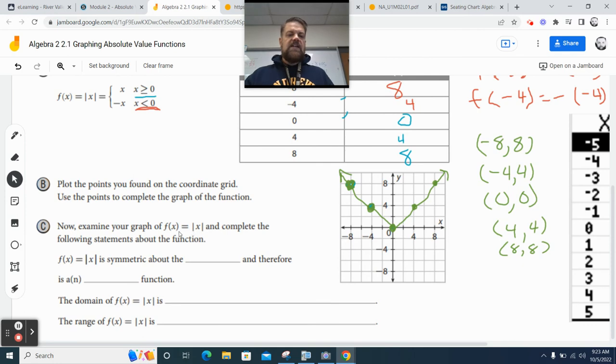All right, so let's finish this example. It says now examine the function f of x equals absolute value of x and complete the following statement. So f of x equals the absolute value of x is symmetric about what? If you look at the graph, the y-axis, very good. It's symmetric about the y-axis.